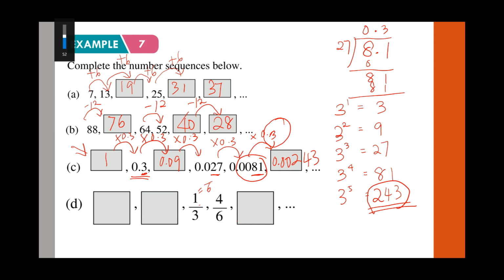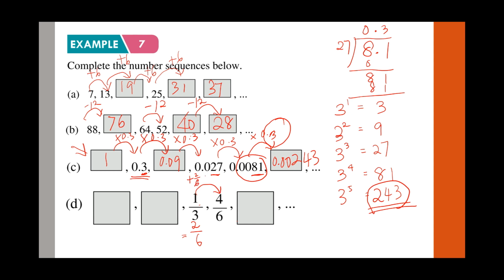One over 3 equal to how much over 6? I write down here. Yes, 2 over 6. Thank you. Okay, so you can see the difference between 2 over 6 and 4 over 6. How much is the difference? Plus 2, right? Actually, plus 2 over 6.